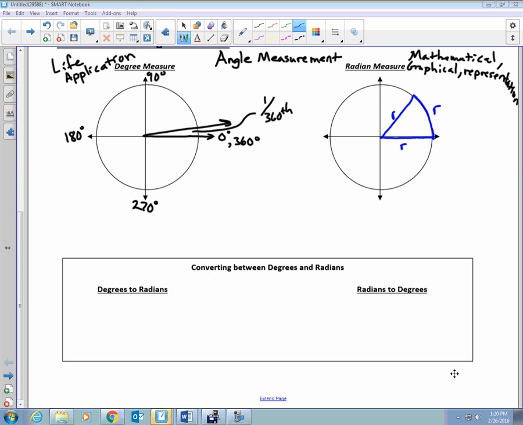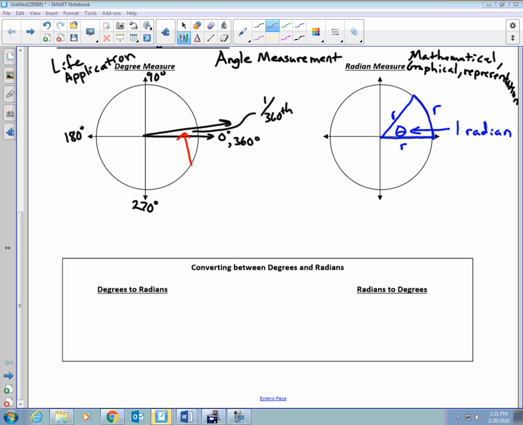When R and R are the same as the arc length, that angle measurement right there is what we call 1 radian. Yes, when that happens, it's 1 radian. I'll show you.